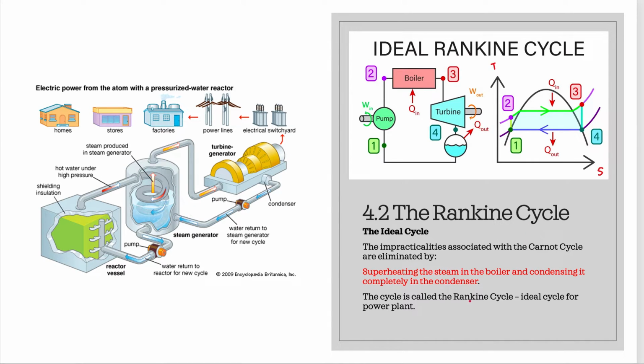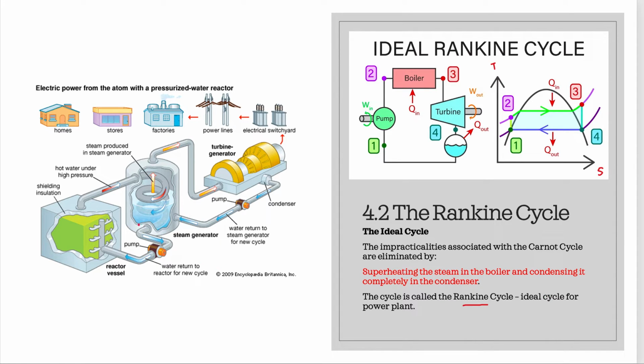Okay, so this cycle, the modification of Carnot cycle, we call it a Rankine cycle. Rankine is a scientist, so this is Rankine cycle, and this is the ideal cycle for power plant.